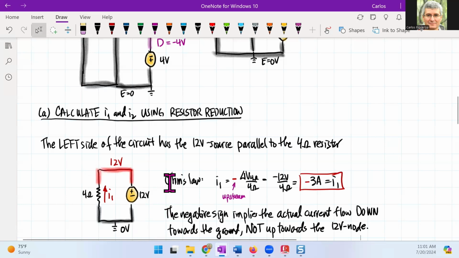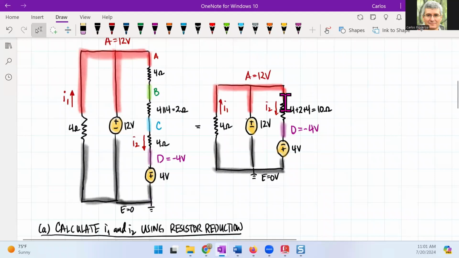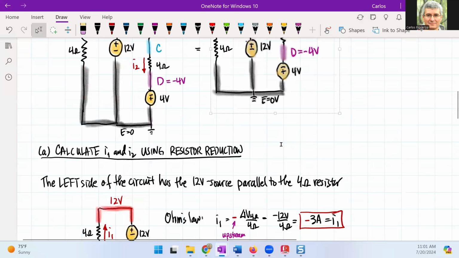So now let's go look at this section right in here. If I look at this section, how about if I just copy this and modify it a little bit? So now I want to calculate the current I2.